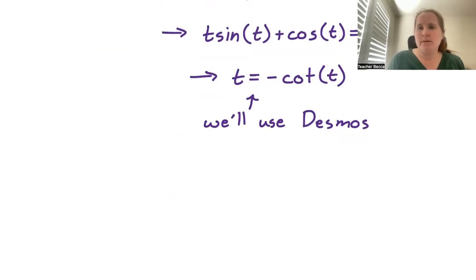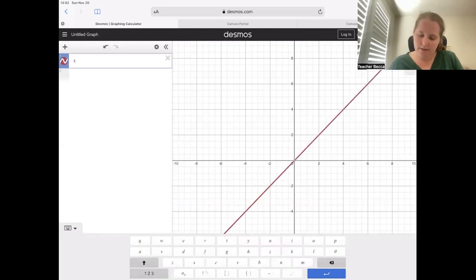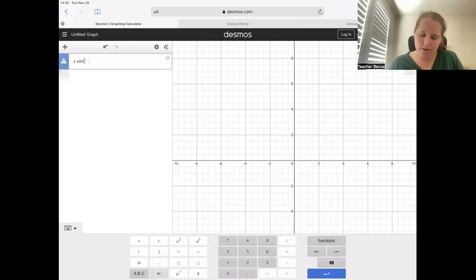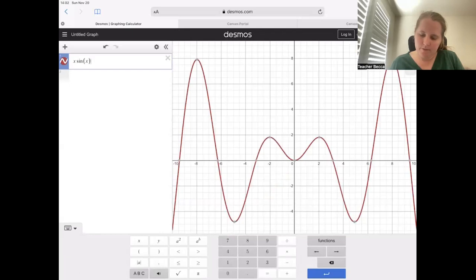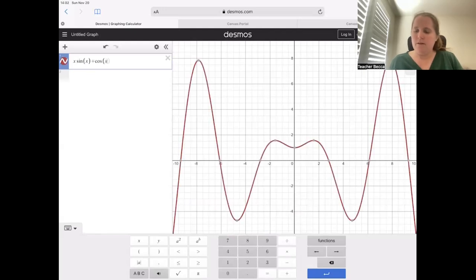So if we switch over to decimals, and we enter, I'm going to do it in terms of x instead of t, x sine of x plus cosine of x, we can see quite a few places where that's changing sign.